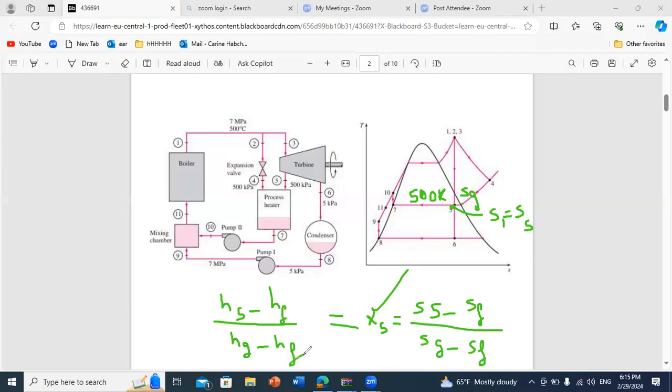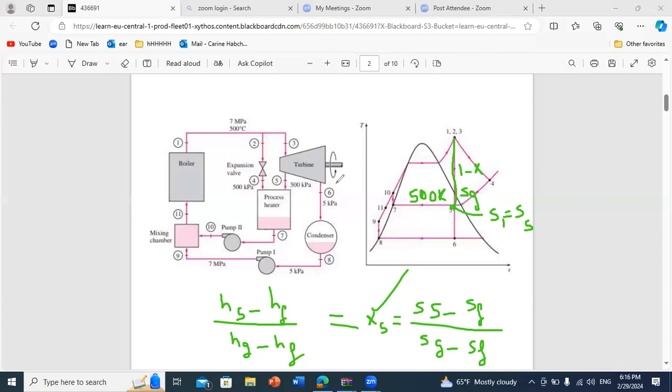Okay, so now you are able to determine state 5. And as we discussed, what is the mass flow rate going from 1 to 5? It is equal to 1 minus x. So the proportion of the total flow rate is m dot times 1. If you want to find the mass flow rate circulating here, you multiply the fraction 1 minus x by m dot total.